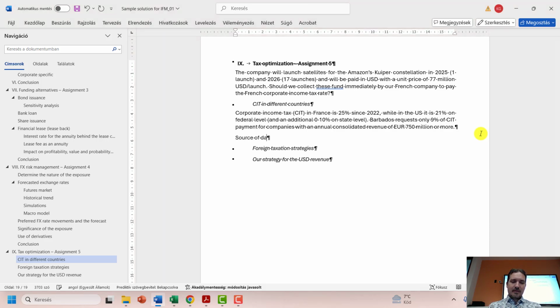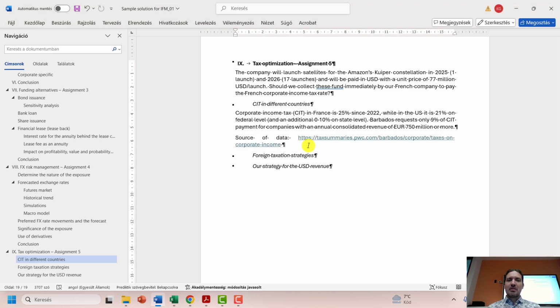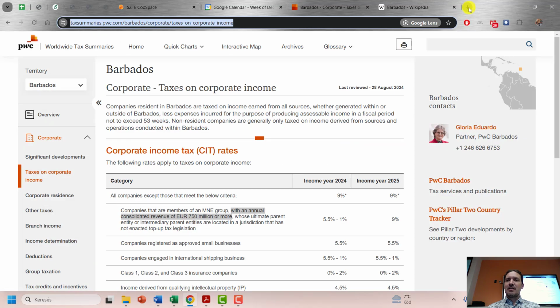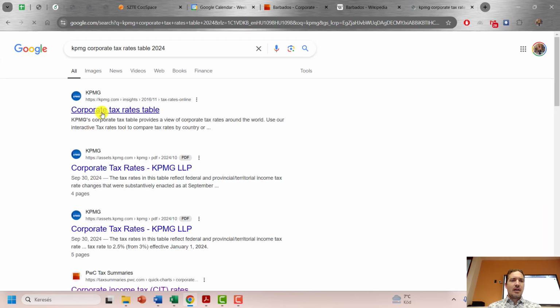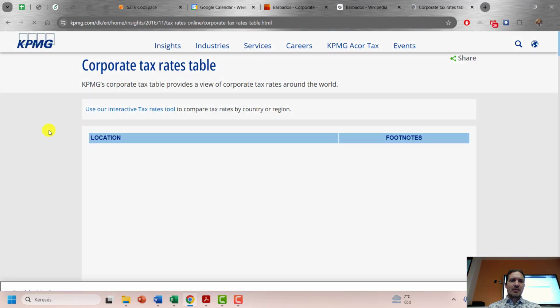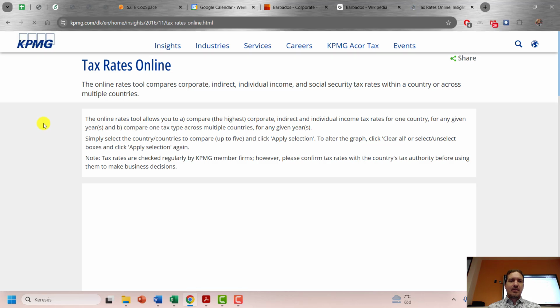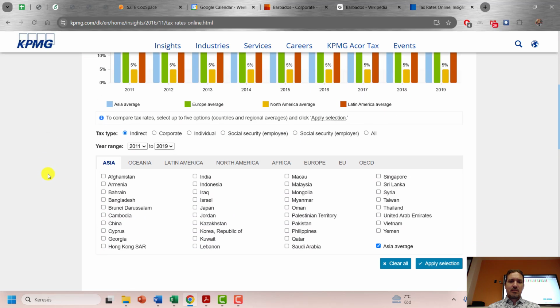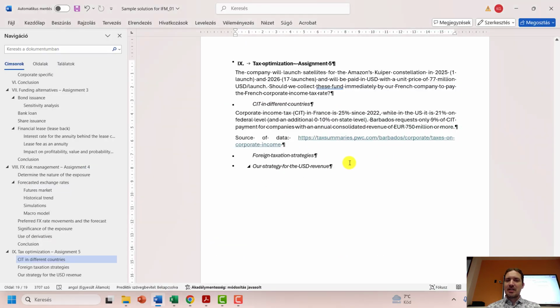So, source of data. Thank you, PwC, because in the past we were using KPMG's database, but unfortunately somehow they discontinued this. So after 2020 we don't have any data, which is sad. They are not supporting my tax evasion schemes anymore. Yeah, so if we are an ethical multinational company, let's see what we can do here.